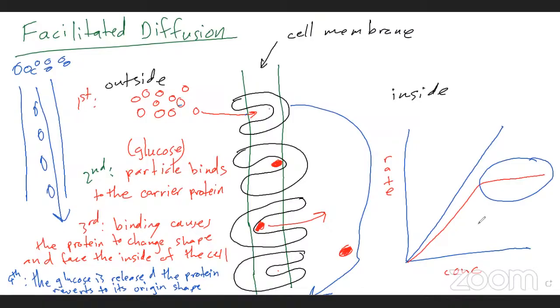All right, so that was facilitated diffusion. Let me scroll down. With active transport, it will be the same thing with a minor adjustment.